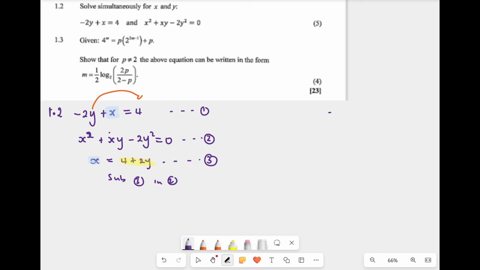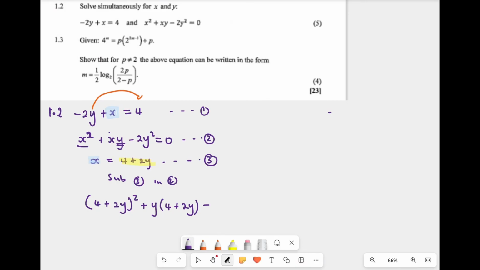Now, here is x, so I am replacing that x with 4 plus 2y all squared. Plus, here is another x, so I am replacing that x with 4 plus 2y. But there is also another y here, so I prefer to write it in front.